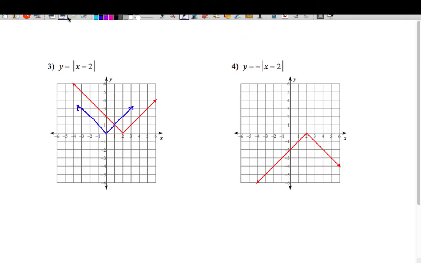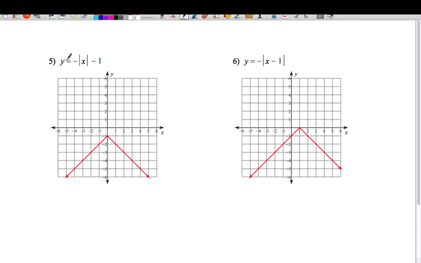If we have this combination of transformations, you have a minus 1 here that moves the graph 1 unit down, and you have a negative 1 here that reflects the graph vertically across the x-axis. So the resulting graph is this red line.